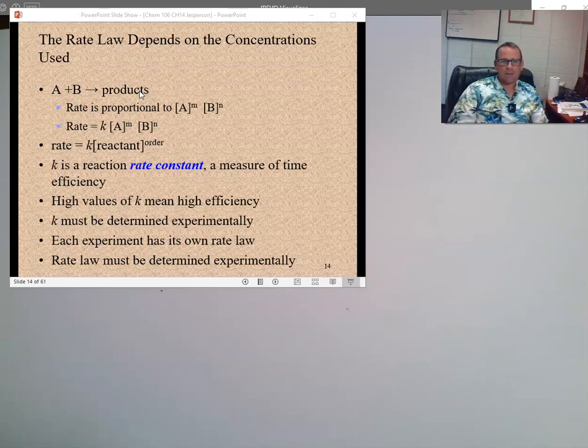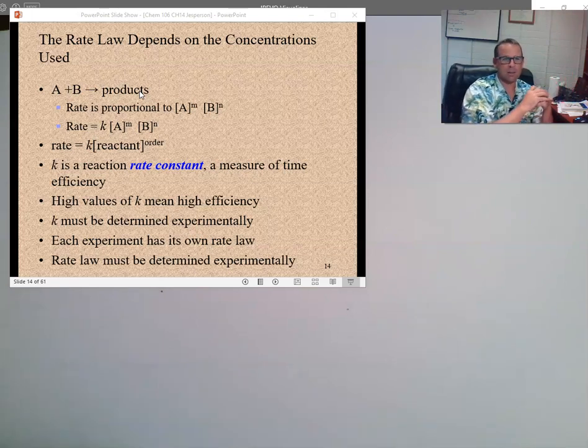So because C, the product, is not going to react with A or B, it doesn't change how fast the reaction proceeds. It's just the reactants' parameters, like the concentration of the reactants, the temperature of the reactants, the phases of the reactants, right?